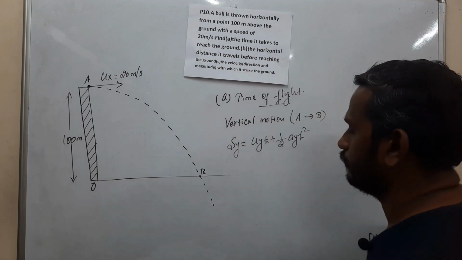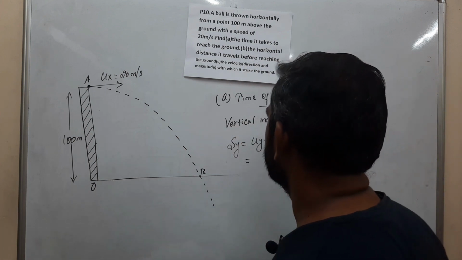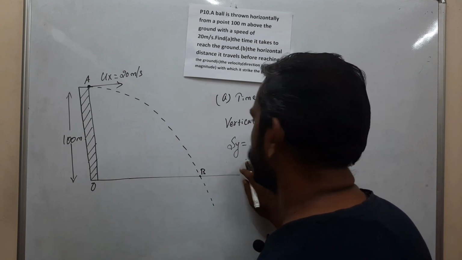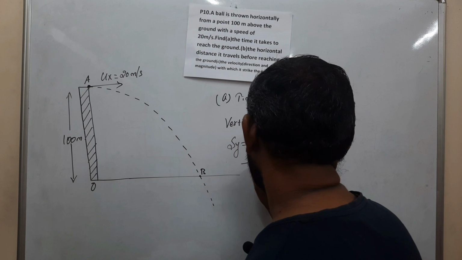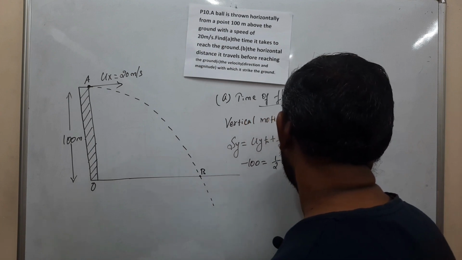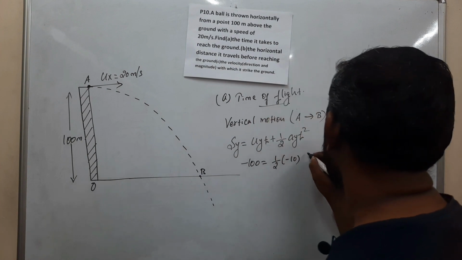So what is Uy? That is 0. What is Sy? That is minus 100 is equal to half into minus 10 into t square.